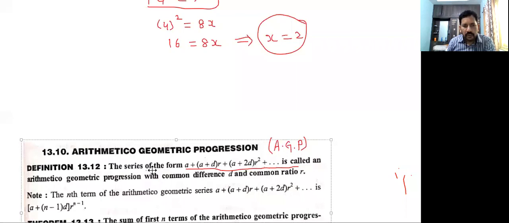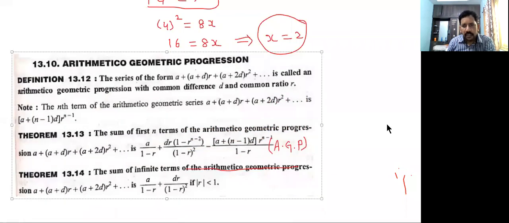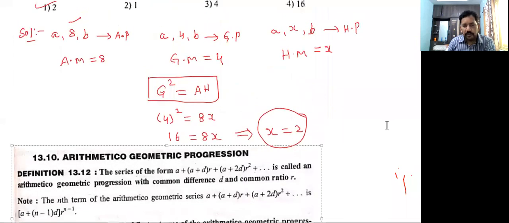One of the students is saying that the previous problem is not completed. Okay. The series in the form of a plus d into r, a plus 2d into r square, and so on is called an arithmetic geometric progression, with common difference d and common ratio r.